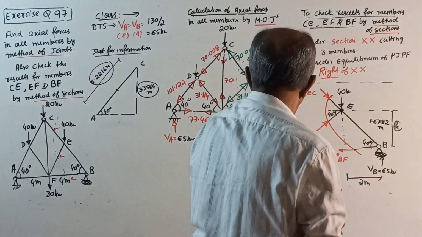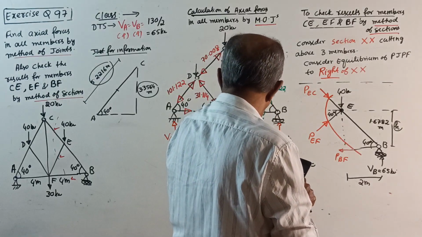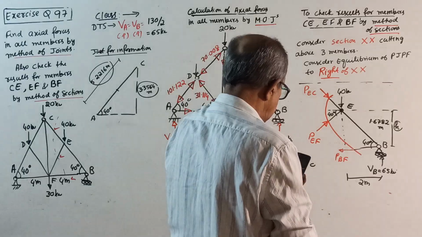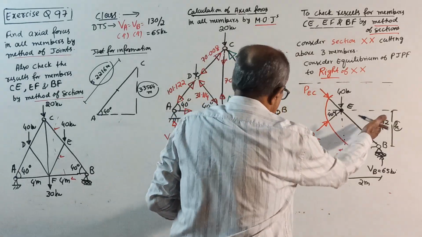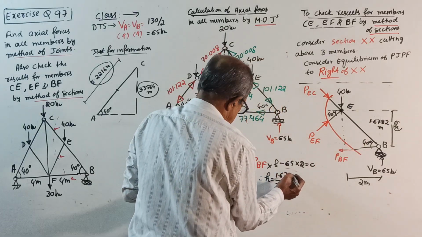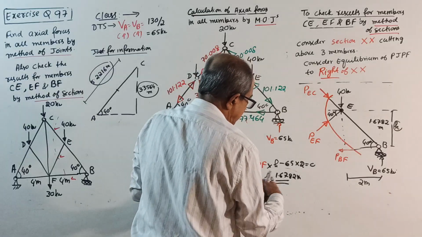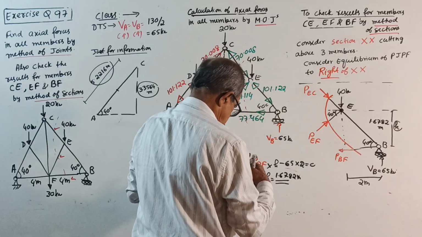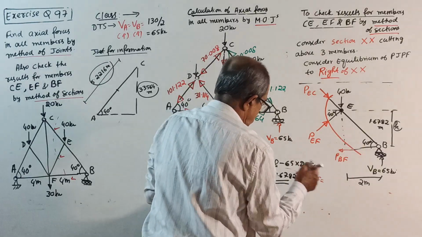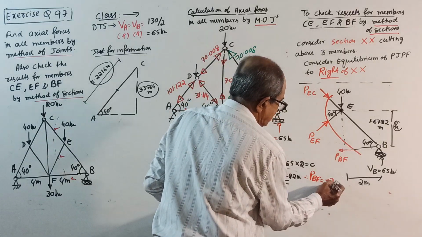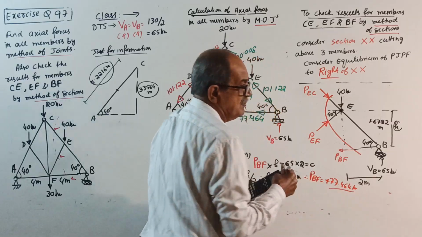How much? 2 into tan 40, 1.6. Oh, I already got the answer there. 1.6782 meter. Or you can find it in the beginning. Now substituting, you will get the value of P_BF, plus 77.464 kilonewton. Okay, now 1 minute.